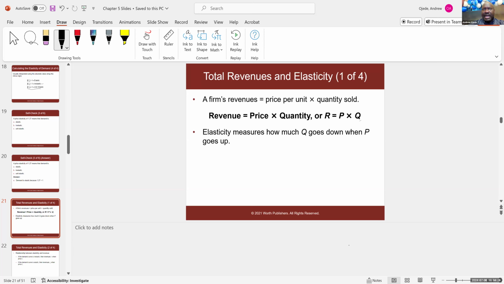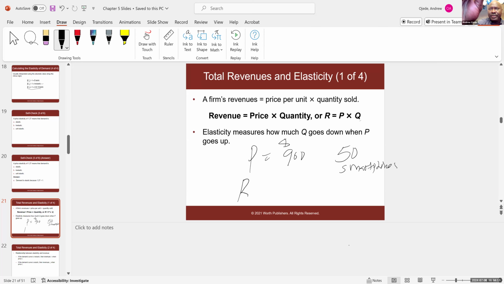So for example, let's say you're producing smartphones, and the price of a smartphone is say $900, and your company has produced and sold maybe 50 smartphones.